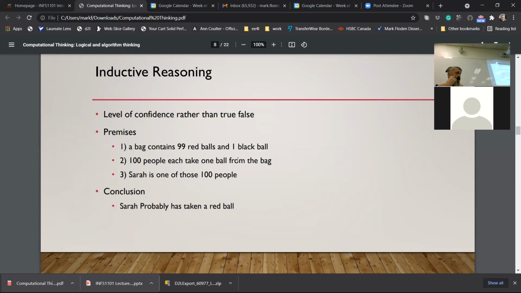You could say she probably has a red ball. And if you're a mathematician, you could say there's a 99% chance she has a red ball. That's how it is. We can assign a probability to it. That's induction, but we can't deductively say that she definitely has a red ball.